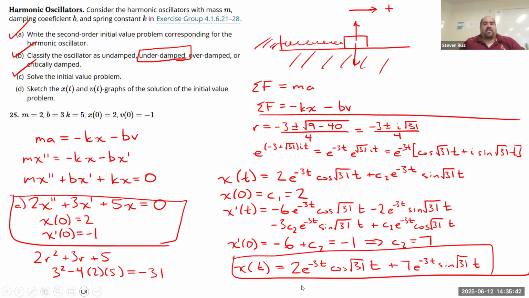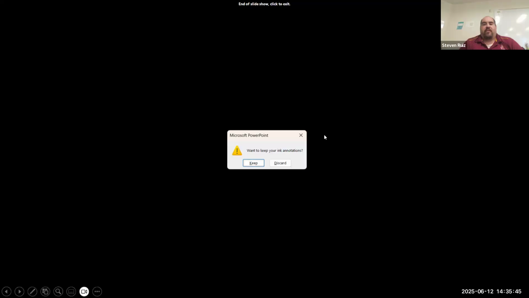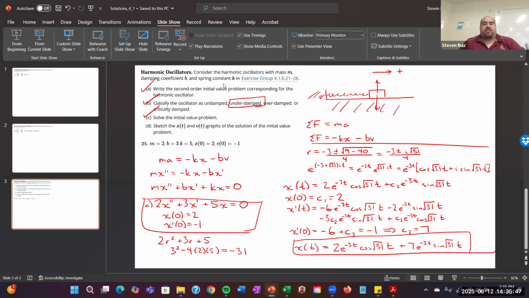All right, finally, I want to sketch these curves. So let's go ahead and back out of here. Let Desmos do that for us.